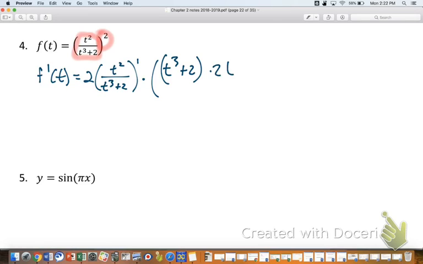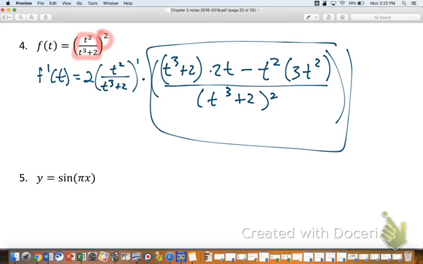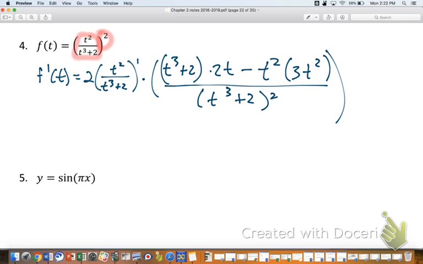D high would be 2t, minus high, t squared, d low is 3t squared, all over the square of what's below, t cubed plus 2 quantity squared. So low d high minus high d low over the square of what's below. Honestly, that second part is old, something we've done before. But within a combination with a chain rule, it definitely makes it feel a little more complicated.